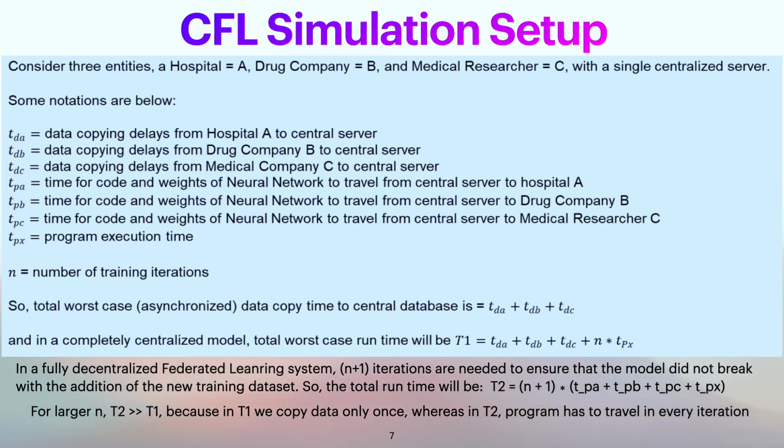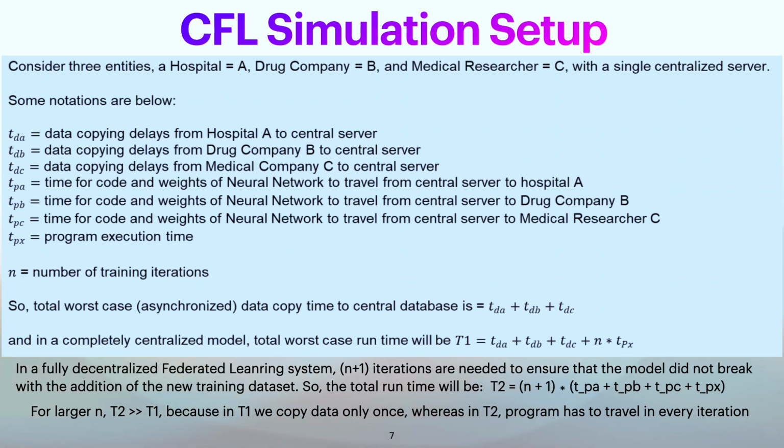However, on the fully decentralized system, the time for the decentralized case is T2, the total time for the FL code as it travels. So the FL code from A to server, B to server, and C to server is summed up with one program execution, and the whole thing is multiplied by n iterations, plus 1, because after aggregating everything, we iterate one last time to keep all the training data intact. From the equations for T1 and T2, if n becomes very high, T2 dominates.